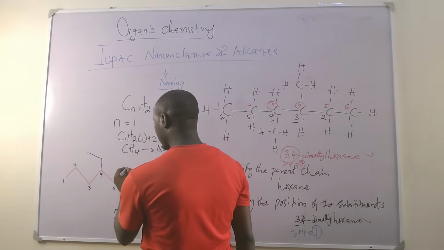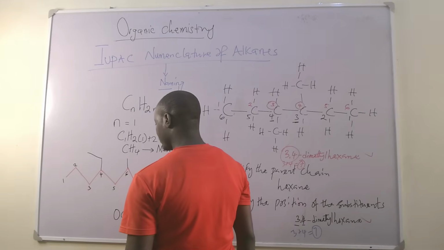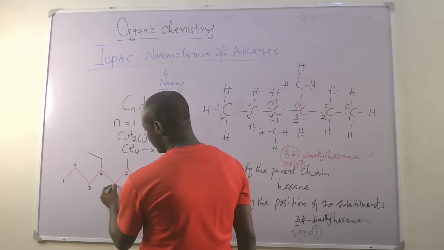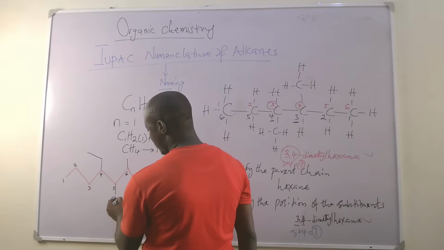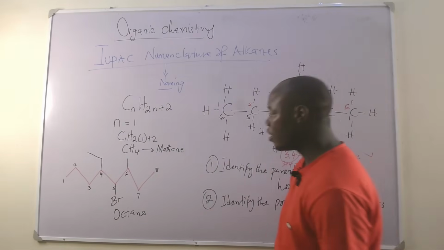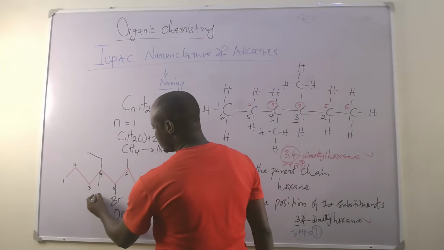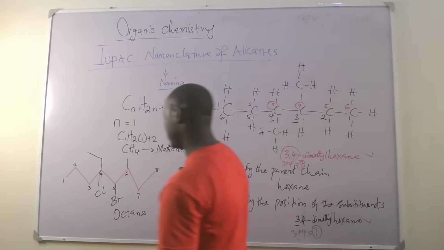So let's assume here we have something like this. And let's say here we have something like this. And here, let's say still here, we have Cl.